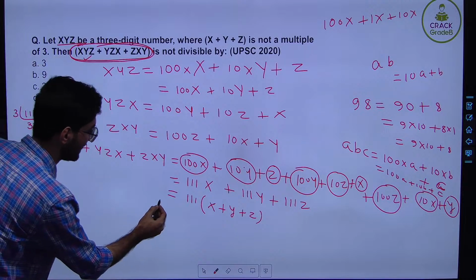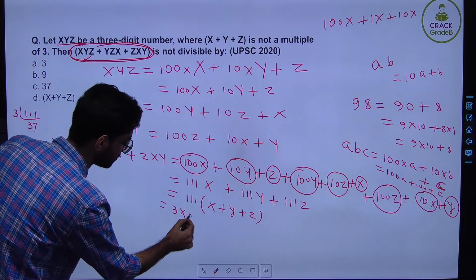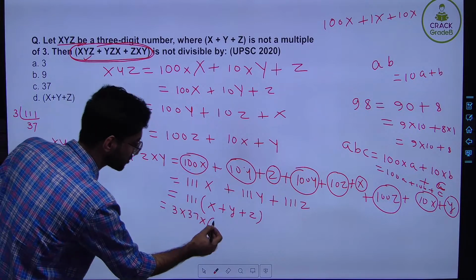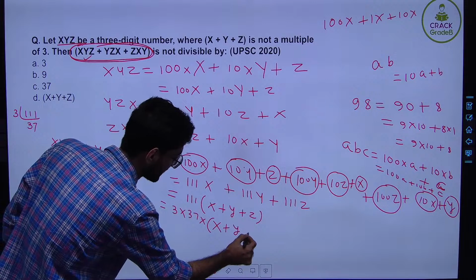So you can write this number as 3 into 37 into, see, this is not X, this is into, right? So don't get confused between X and into.